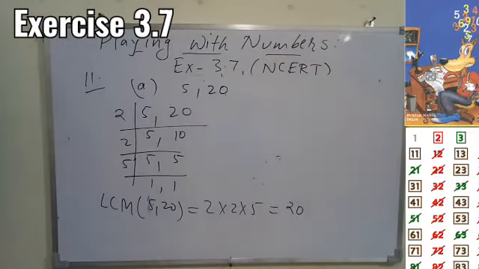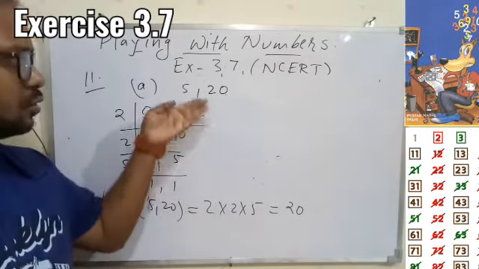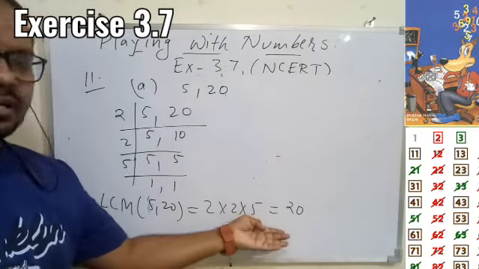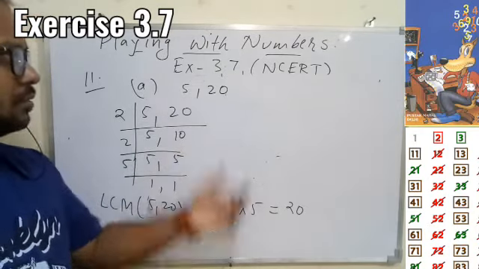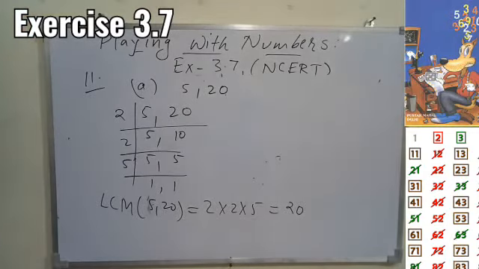So understood, the LCM is 20, and you can see 20 is given here also. We can say the second number is the least common multiple of both the numbers. That is the relation we can write down. The rest you can try as homework, not so difficult.